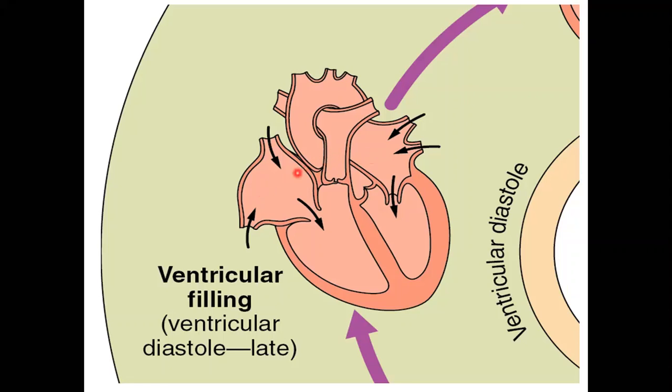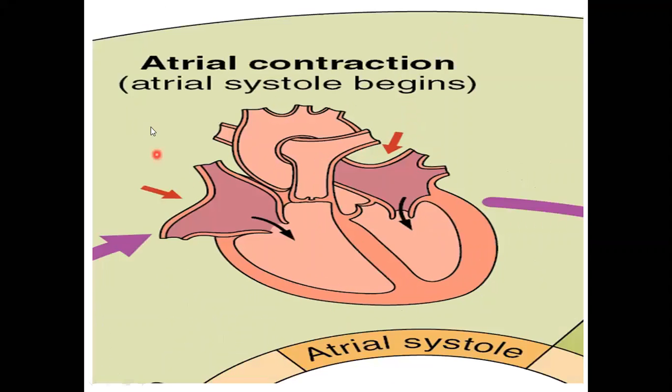Thereafter both the atria contract, and we call it atrial systole. After this period, it is the last part of the ventricular diastole, coinciding with the atrial systole of 0.1 second.